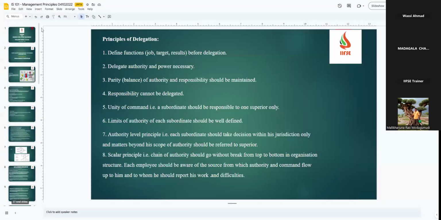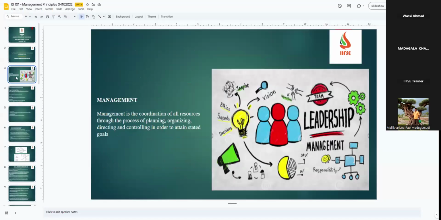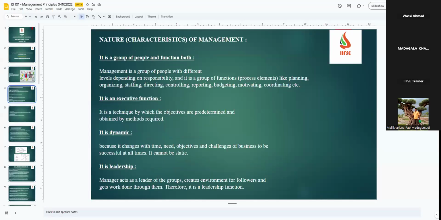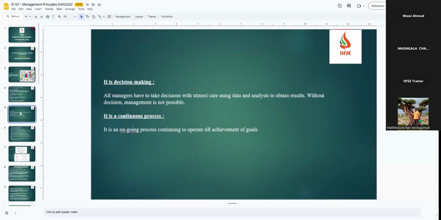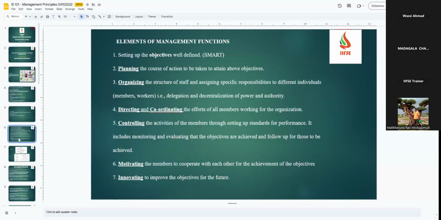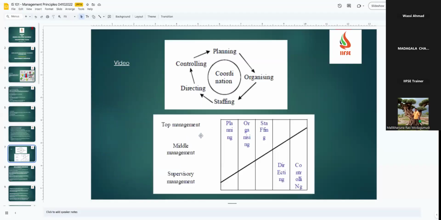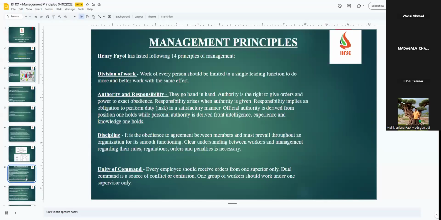So I'll just take a quick recap of the last two sessions. We talked about management, then the characteristics of management, then the elements involved in the management function and who will be monitoring which functions, like top management, middle management, and supervisory management.